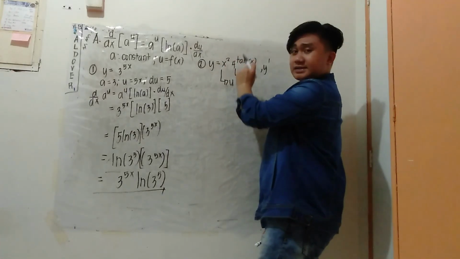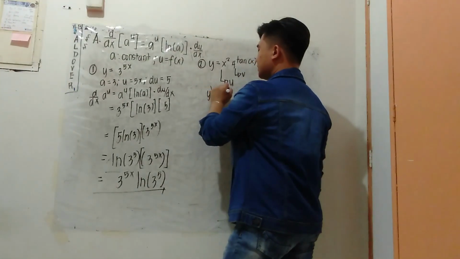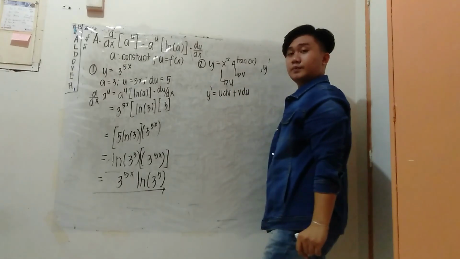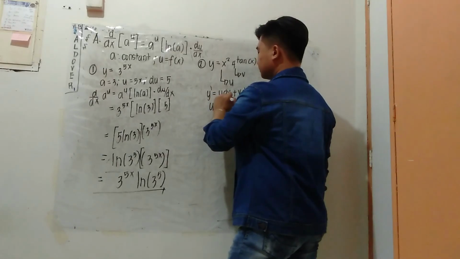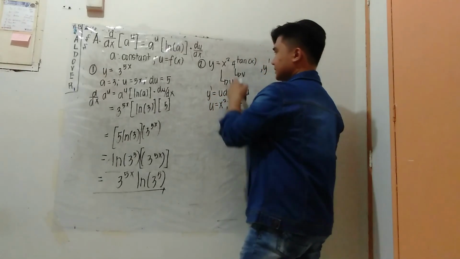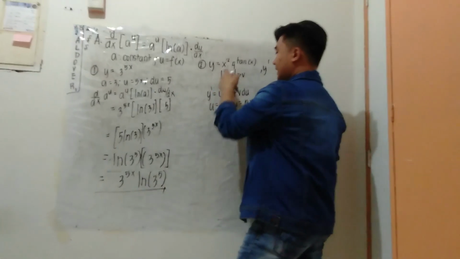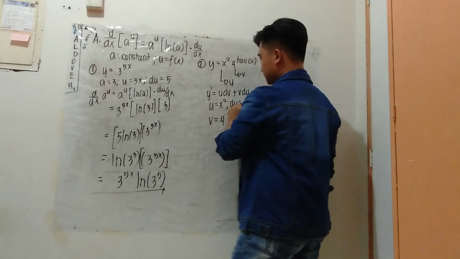This is a product, so u dv, v du. Y prime is u dv plus v du. Okay? U is x squared. Du is 2x. Samantalang yung v ko ay 4 raised to tangent of x.